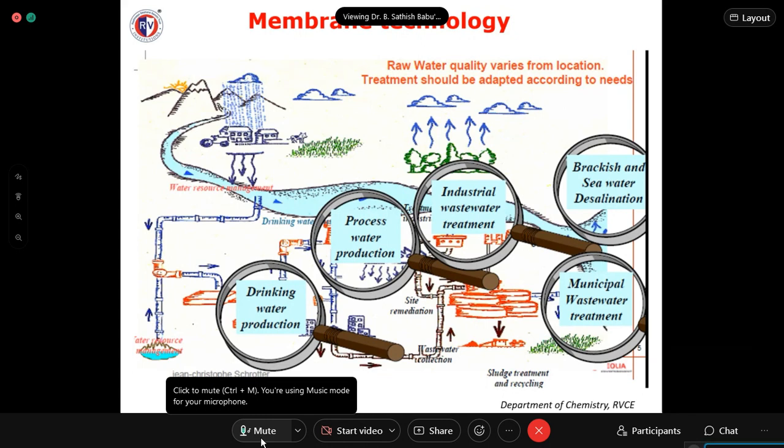Then, for example, the water you are going to use in industry may contain a lot of TDS, that is, the total dissolved salt content will be more. You have to purify that and reduce the total dissolved content. If it is hard water, you cannot use it in sugarcane industries because the sugar will not crystallize out.